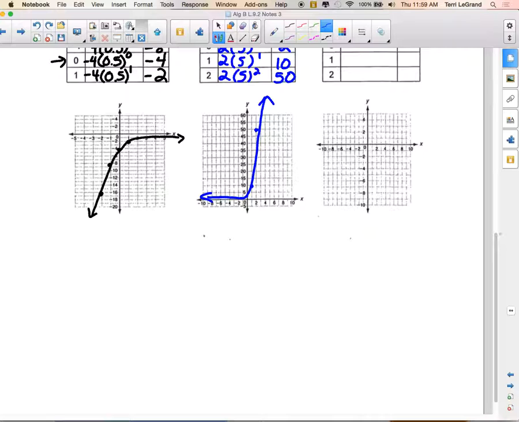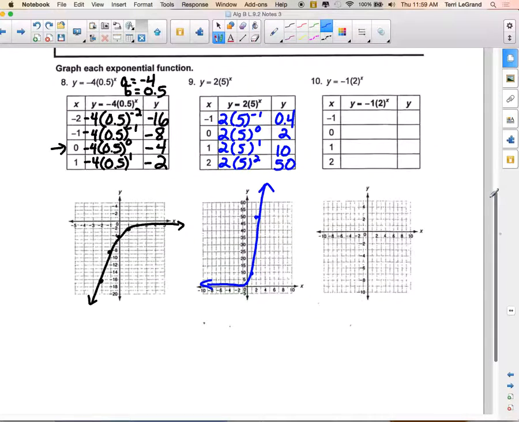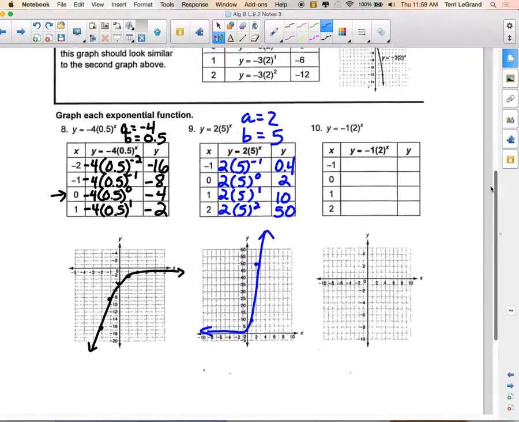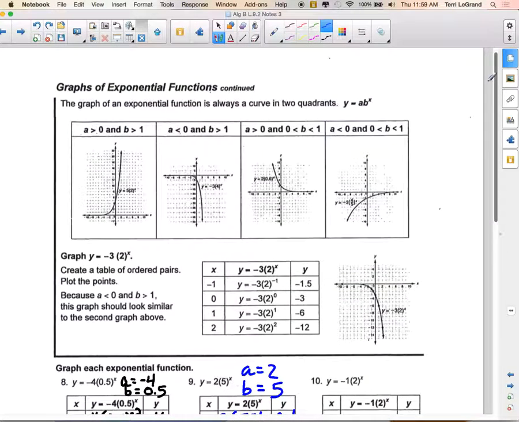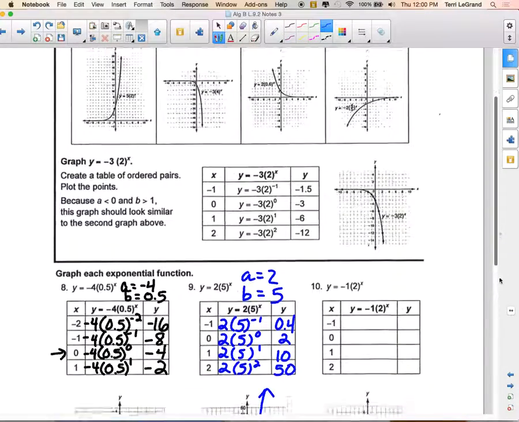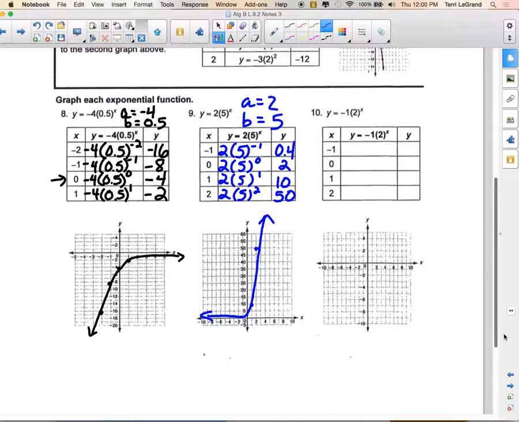And again, we could say, you know what, A was 2, B was 5, so A is positive, B is greater than 1. It should look something like this one. Huh, it does. Okay, let's do our last one.